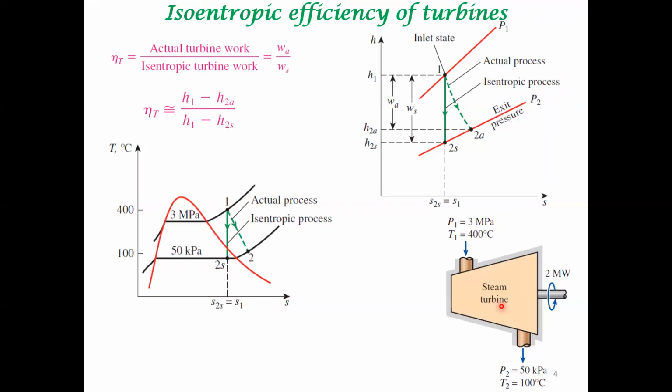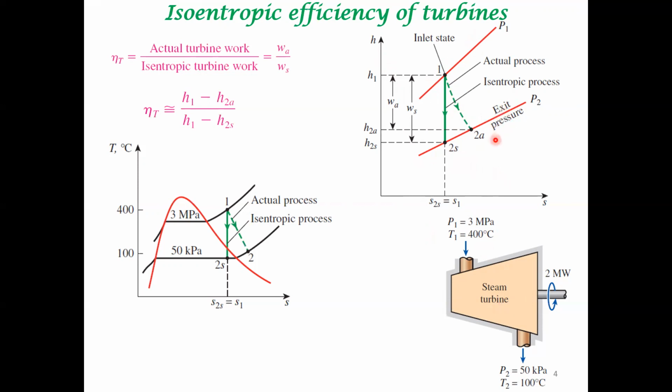Okay, so what our initial state is, having a pressure of P1, and we argued that the isoentropic condition is going to give you the maximum efficiency. So in this H versus S diagram, the Mollier diagram, we have a line at P2. This is the exit pressure.